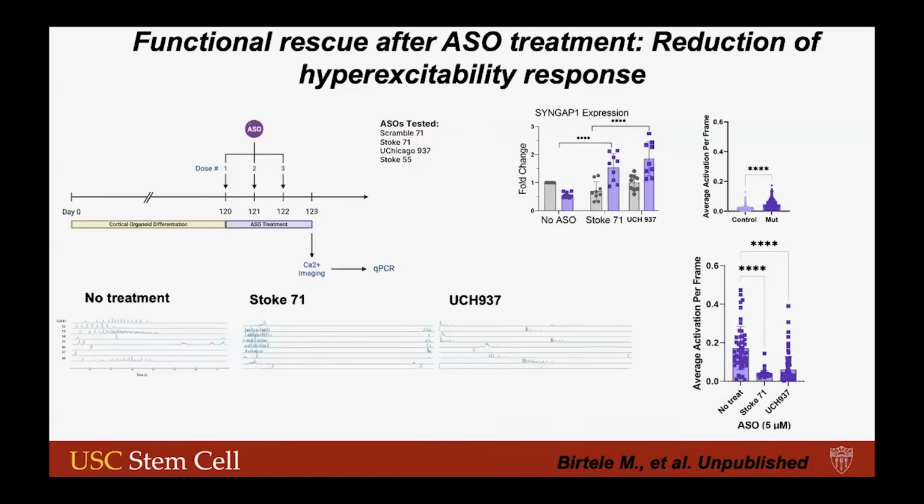And we found that these antisense oligonucleotides are indeed also able to rescue the level of network activity. So now we are partnering with some biotechs to try to test in our system therapeutics, using this network activity as a biomarker. So we are very excited about this more translational spin for this project.